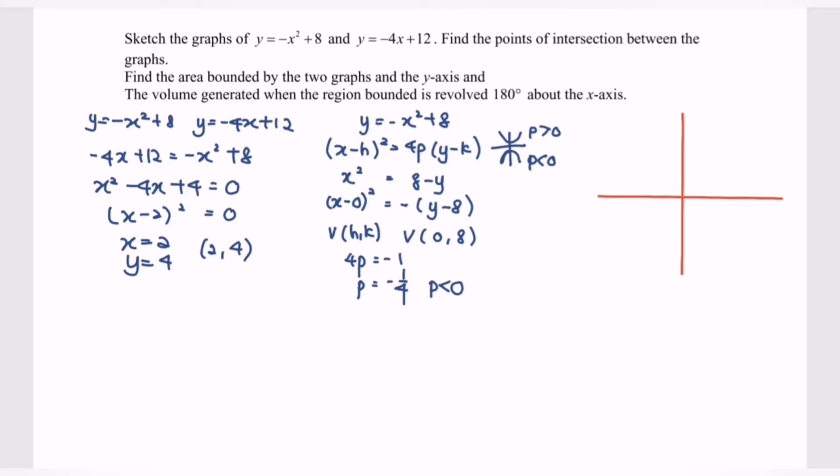So the vertex will be (0, 8). So 2, 4, 6 and 8. So the graph will have vertex (0, 8). And then we have p equals negative 1 over 4, meaning that the graph will open downwards.